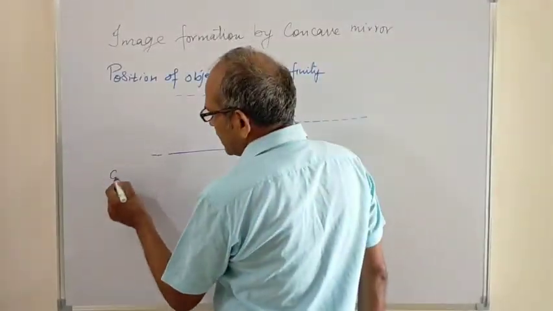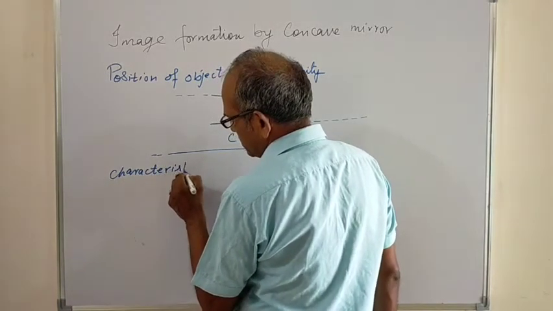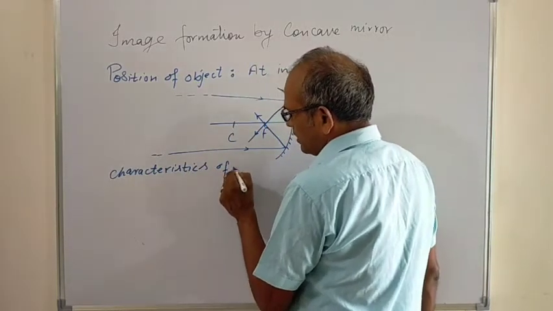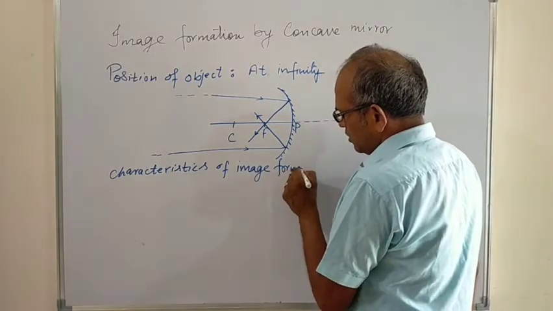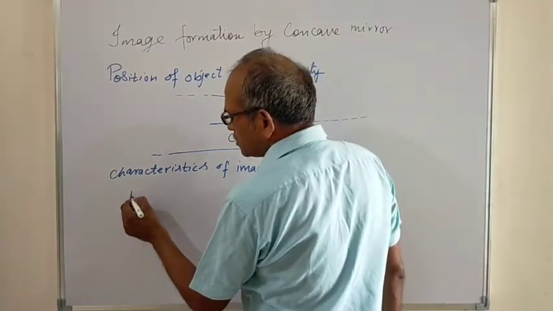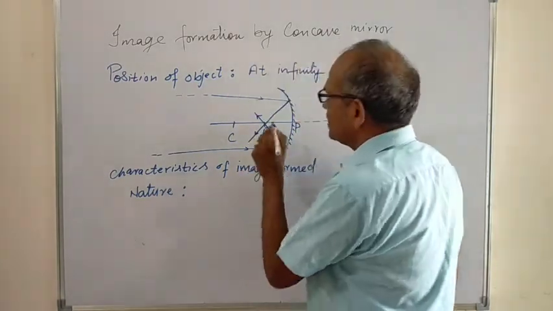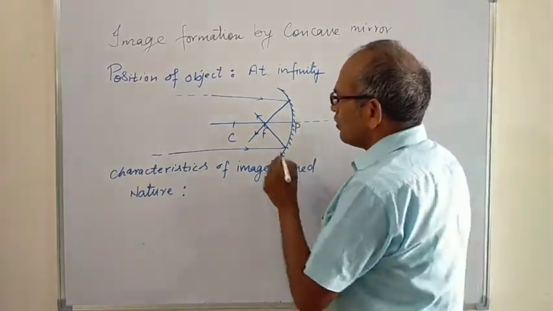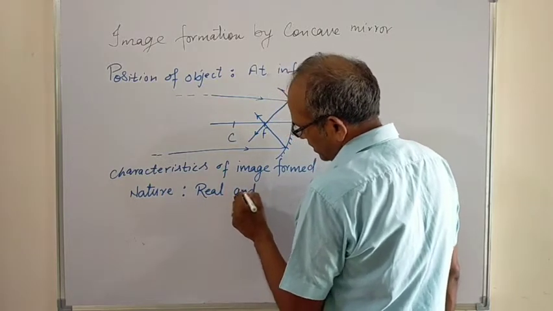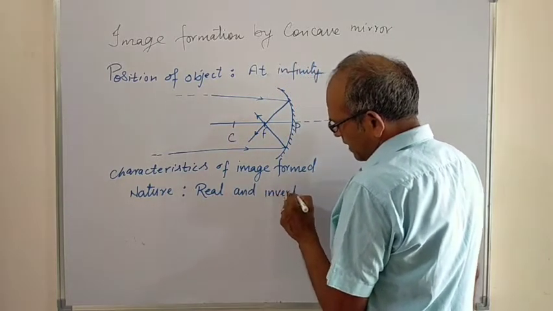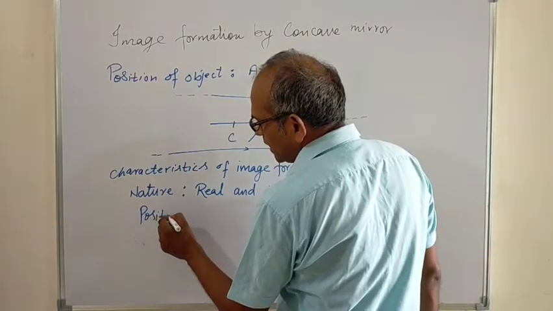So we'll write the characteristics of the image formed. First, the nature of the image. Now the rays are actually intersecting each other, so the nature of the image is real and inverted. Next, the position where it is formed.